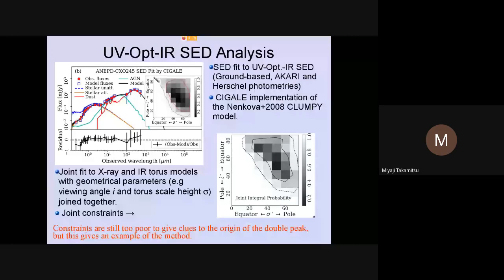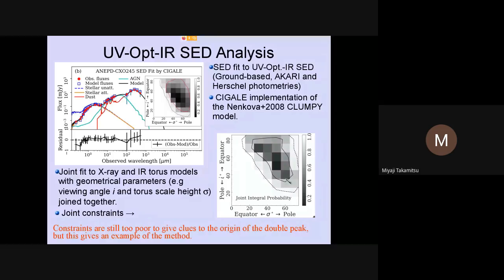And then we do more, because each of them was analyzed separately, but we can combine the infrared and X-ray constraints. This is the constraint that we get. The constraints are still too poor to give any clue about the origin of the double peak, but at least we tried and we showed the methods.